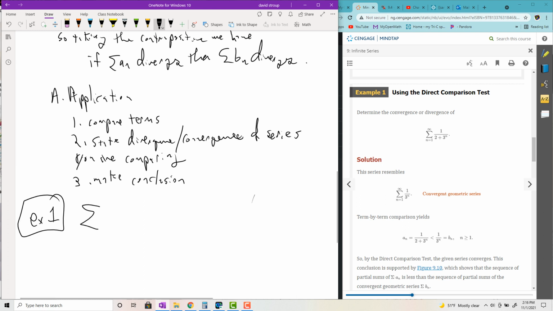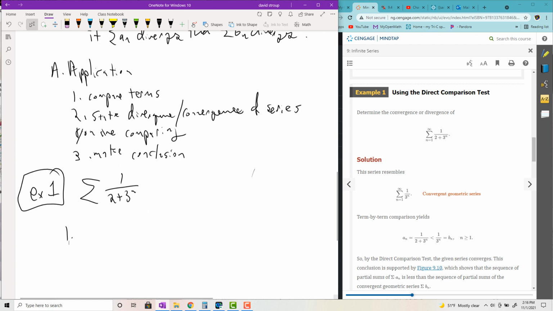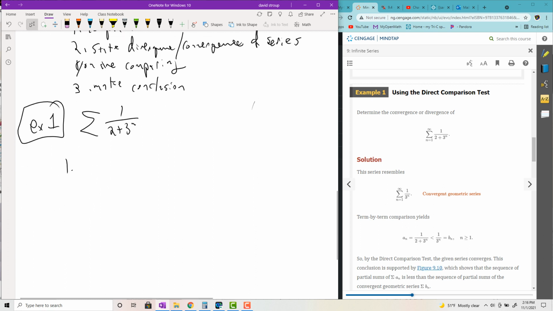Okay, so they're giving us the series 1 all over 2 plus 3 to the n. First I would make the comparison. There are two directions you could go with a comparison. You can make the denominator bigger or smaller, depending on what you're trying to get, right? If you're trying to show that the series is convergent, you want a series that has terms that are bigger, so you effectively make the denominator smaller.